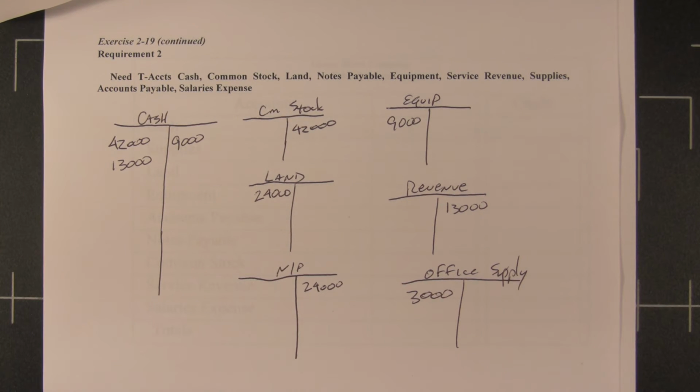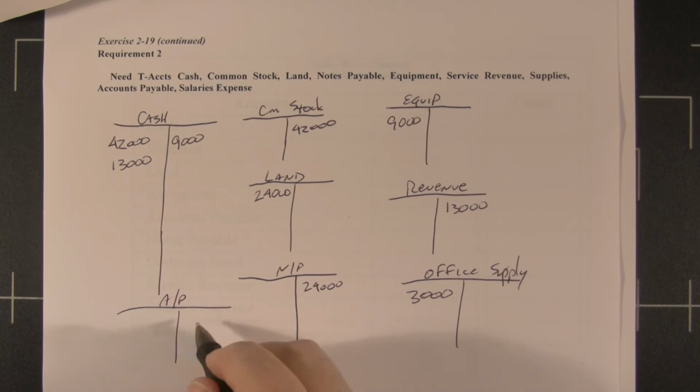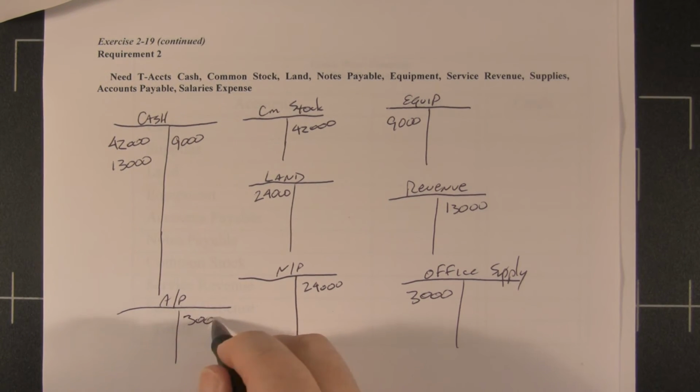And this goes on to accounts payable. Notice this is not a note payable. This is an account payable. Note payable is long-term, carries interest. It's a contract. An account payable is a normal bill with someone you do business with all the time.